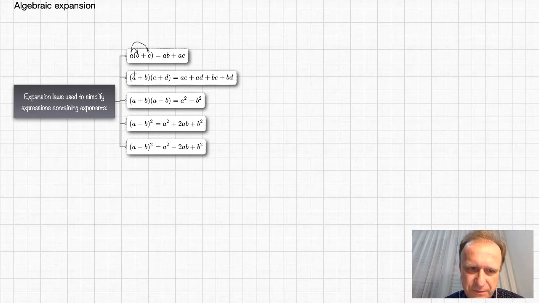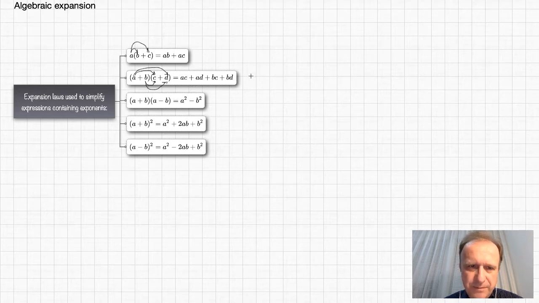So what you do is first you multiply by the first term of the first bracket, you multiply c and you have the term ac, then you multiply d to get the term ad, then you take the second term of the first bracket and you multiply the first term here, so you get bc, so another term here, bc, and finally you multiply the last term, so it's bd. So in total there are four terms in the result on the right hand side.